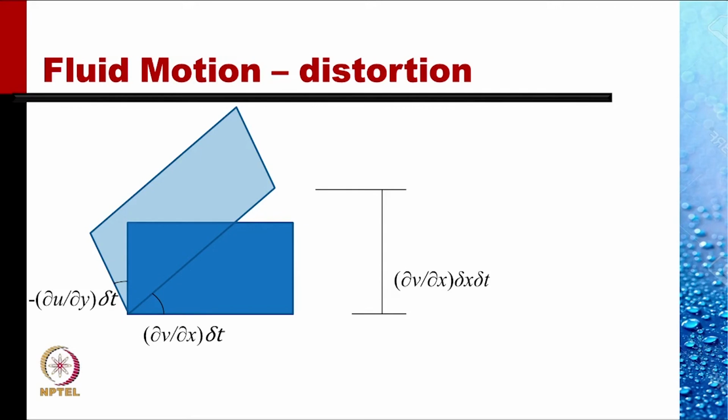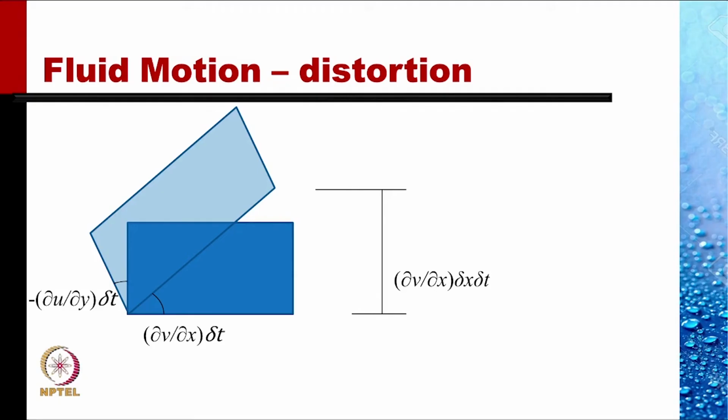The same picture we can invoke to explain distortion. Here, the x line, the horizontal line, has rotated through an angle dv by dx into delta t, while a vertical line has rotated through an angle minus du by dy into delta t, as explained before.